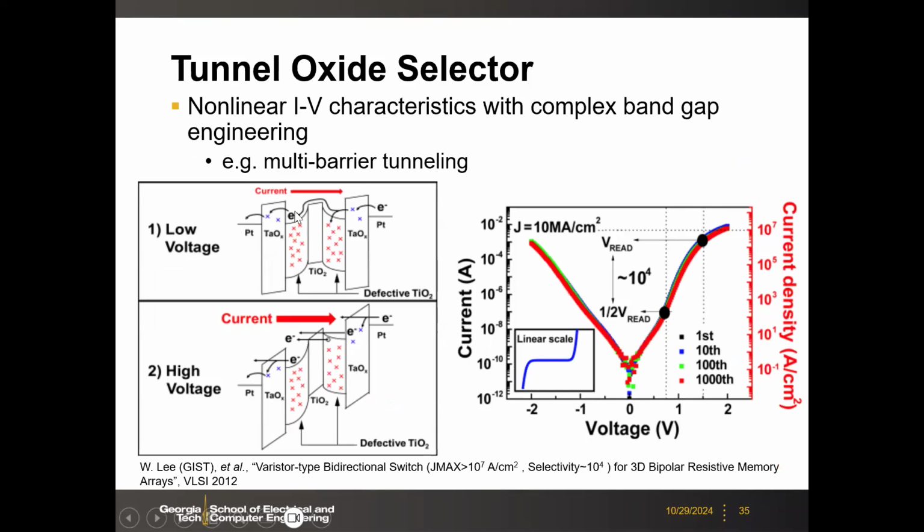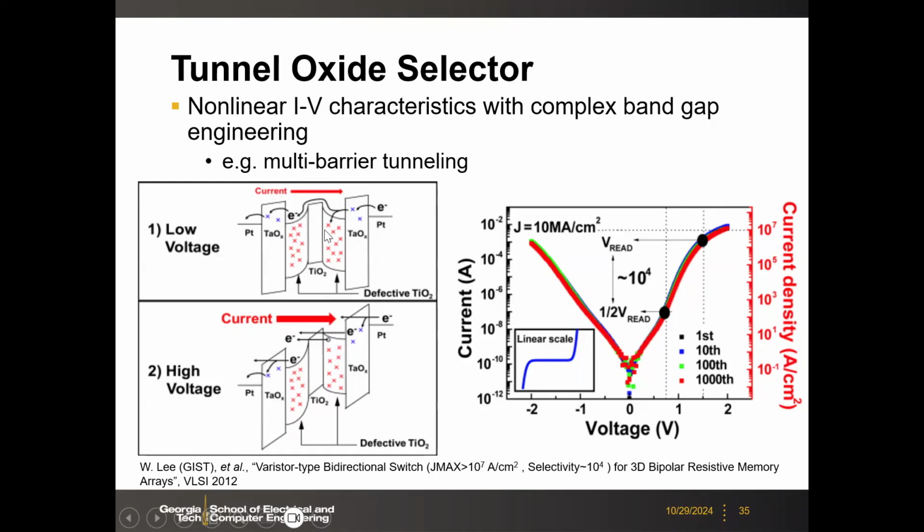For example, if you engineer the junction or the band gap and offset very well through, for example, a multi-layer oxide, the currents could be exponentially modulated by the low voltage versus high voltage, right?